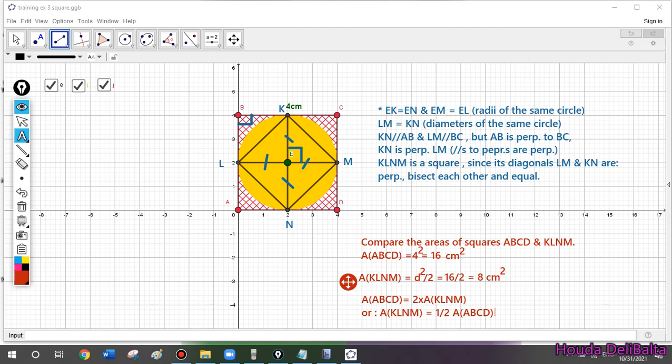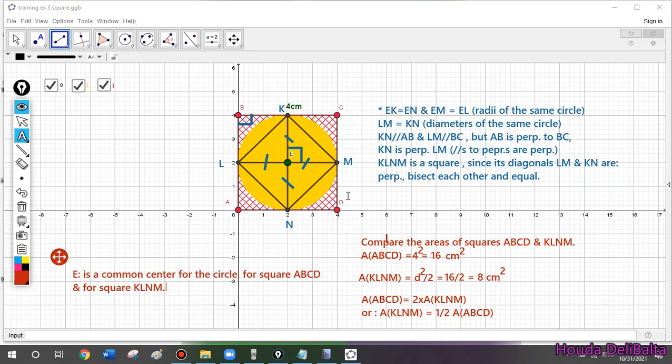Now, a final note, what do we call E, that point here? E is a common center for the circle. So it is a common center for the circle for square ABCD and for square KLNM.